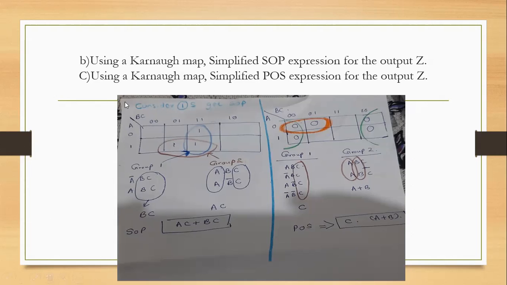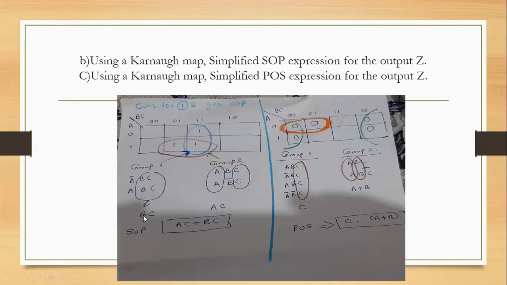The second group, group 2, is A B C and A B bar C. From these two, we have to find the common.